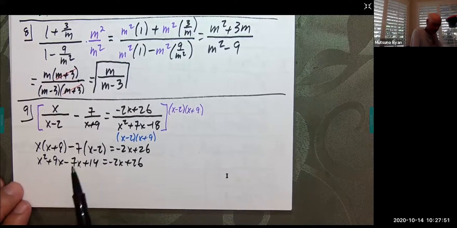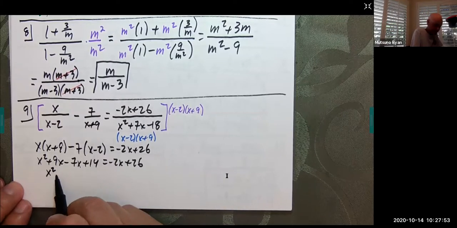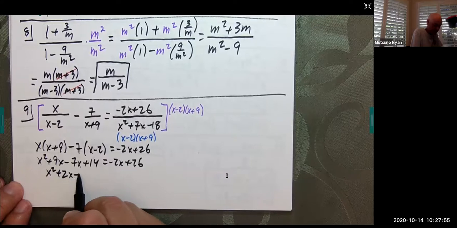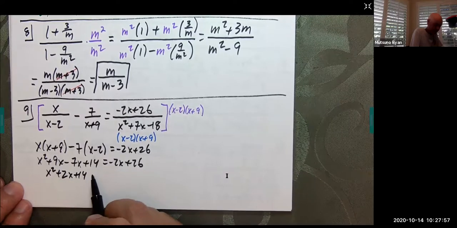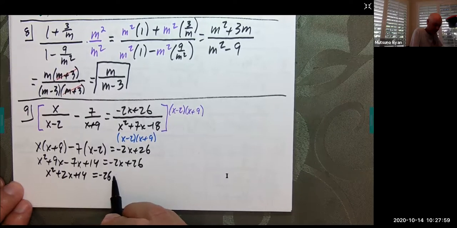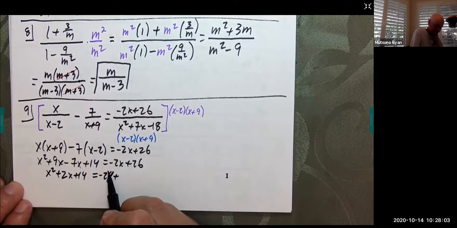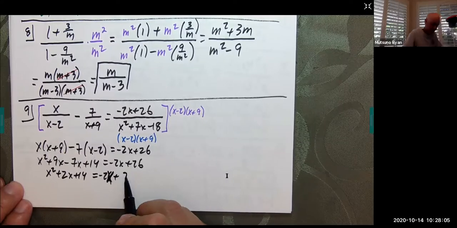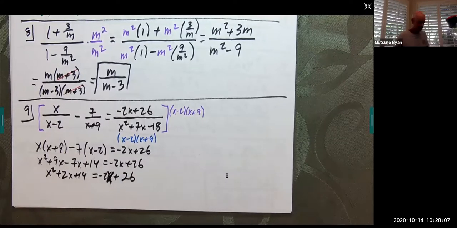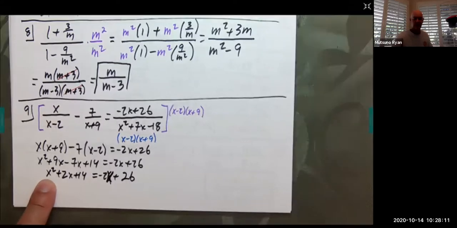I'm going to combine them by like terms. Oops, negative 2x plus 26. And because I have a quadratic, what I'm going to do is get the whole thing equal to 0.